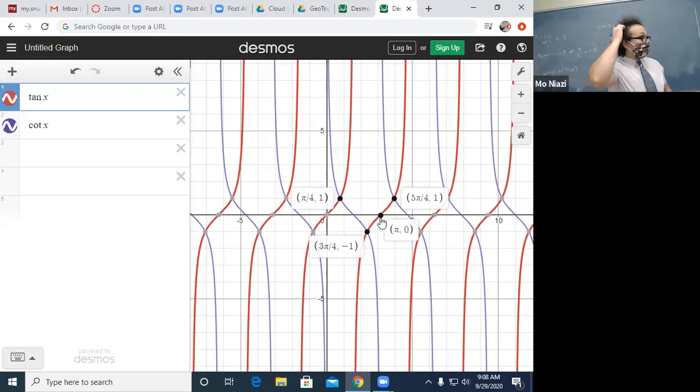Because the cotangent of pi is cosine of pi over sine of pi. That becomes like a -1 over 0. You can kind of think of it as negative infinity. That's why the purple is headed downwards at that point.